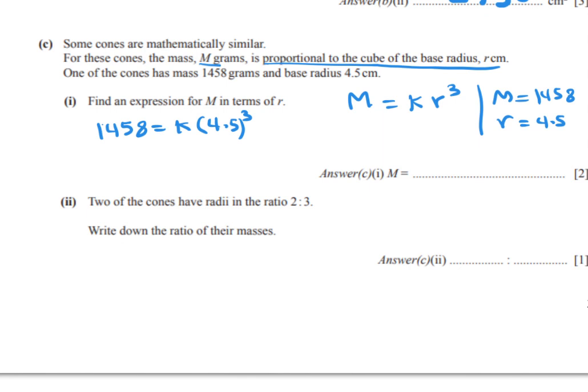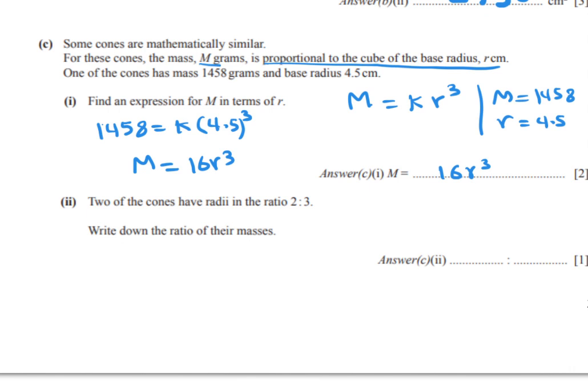To find K, divide 1458 by 4.5 cubed, so 16. So M equals 16R to the power 3.